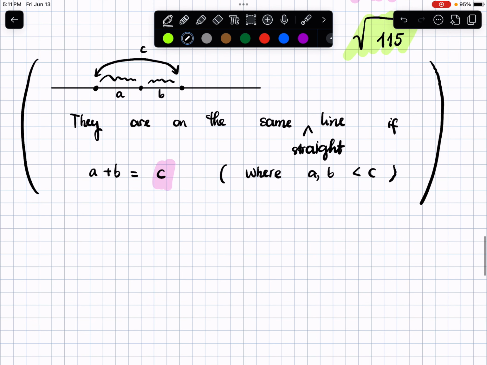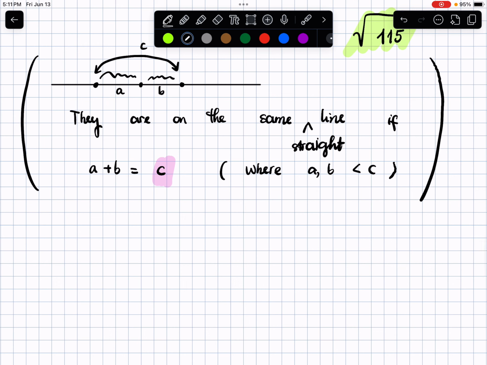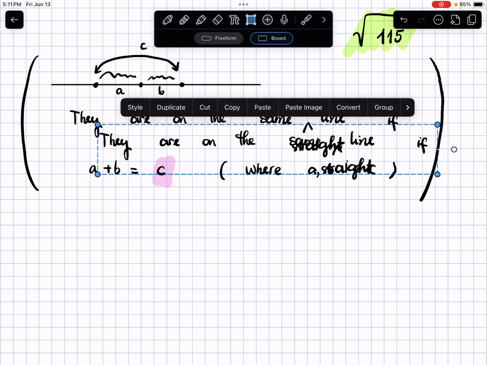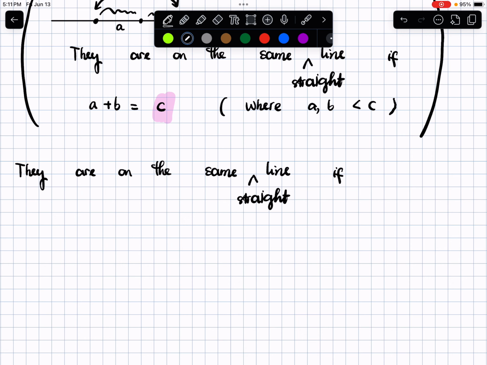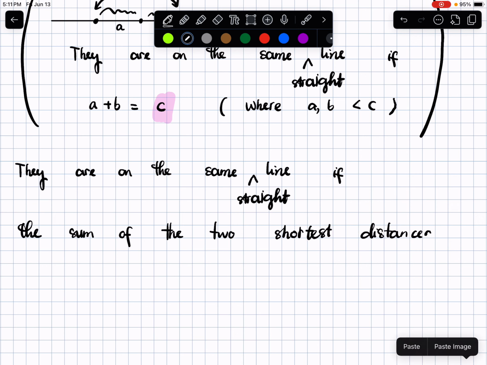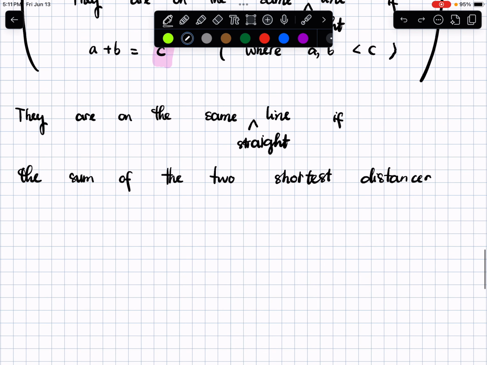So now we see that they are on the same straight line if the sum of the two shortest distances is equal to the longest distance.